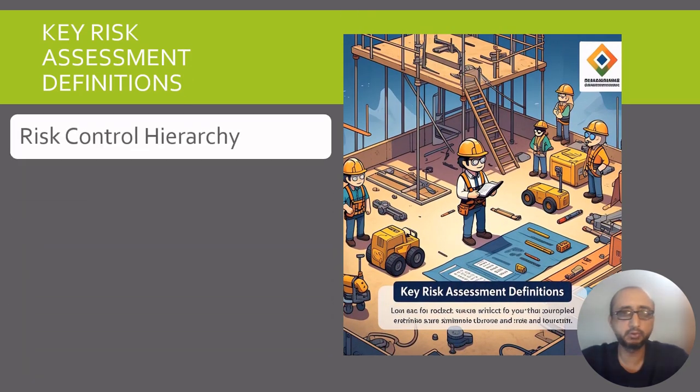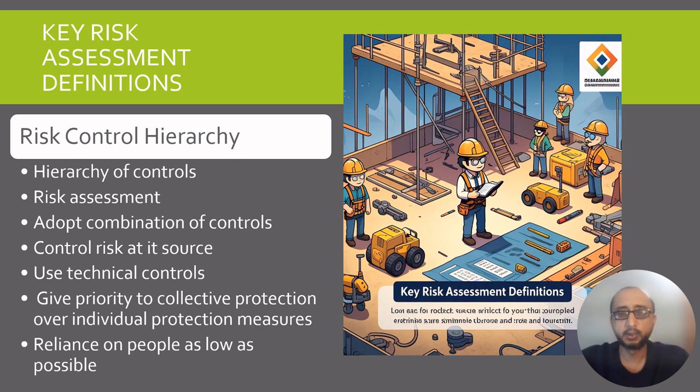Next term is risk control hierarchy, another legal term that comes from the Management of Health and Safety at Work Regulations 1999. It sets the principle for effective control measures. It suggests following the hierarchy of control that we will cover in the later sections of the module. It recommends adopting a combination of controls, rather than a single or individual control.